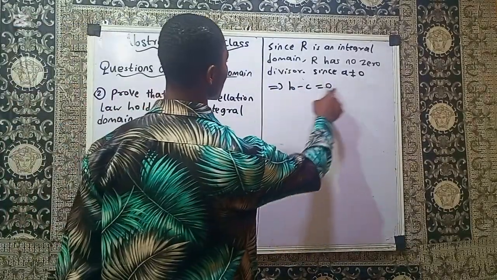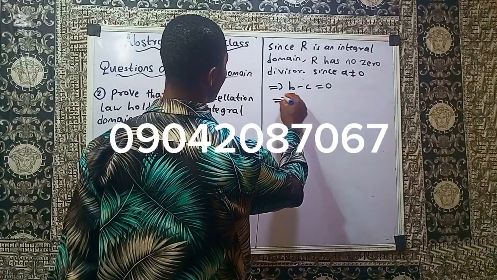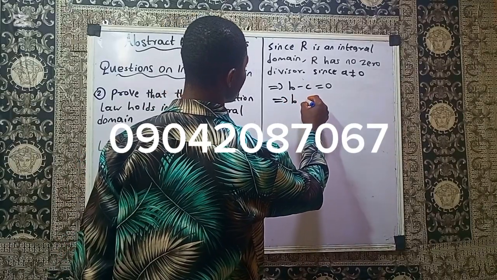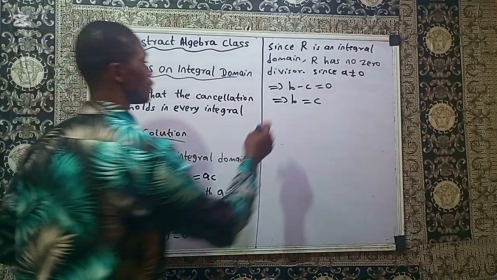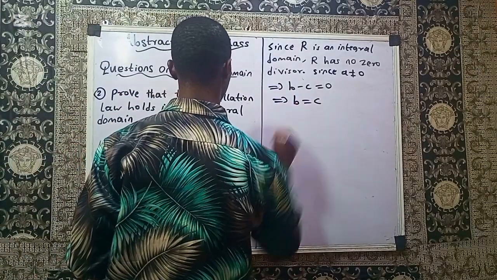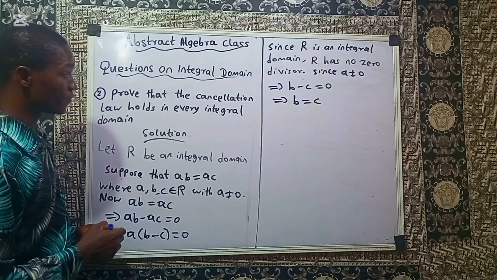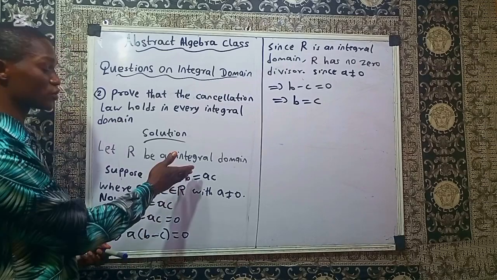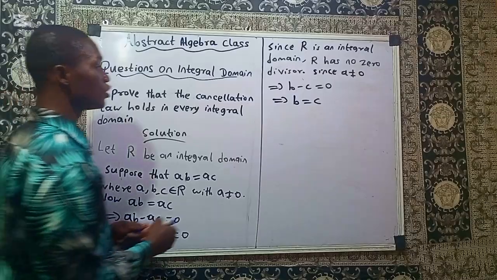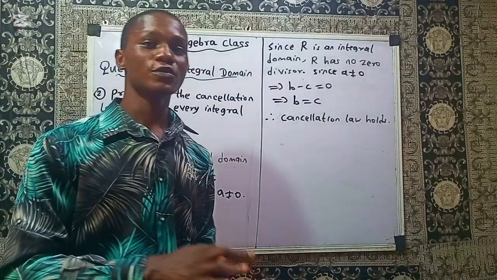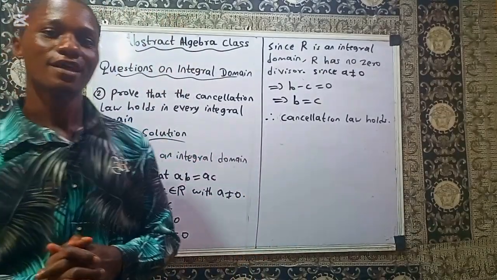Then we can move minus c to the other side and easily see that b is equal to c. With this, we have the complete proof, because it shows that the cancellation law holds. a has been cancelled on both sides. So we have seen that the cancellation law holds in every integral domain.